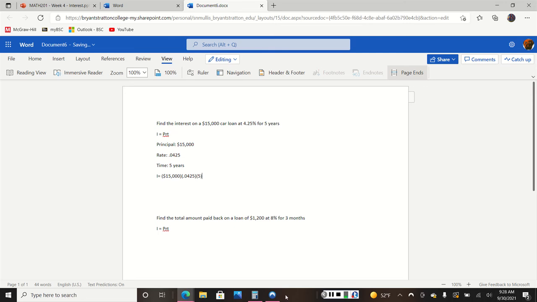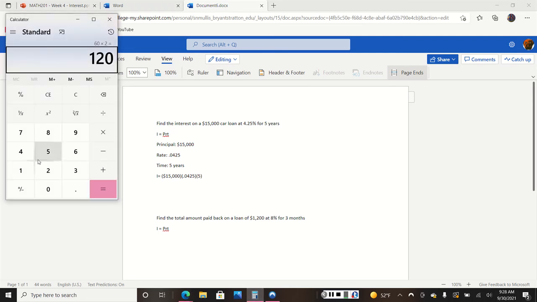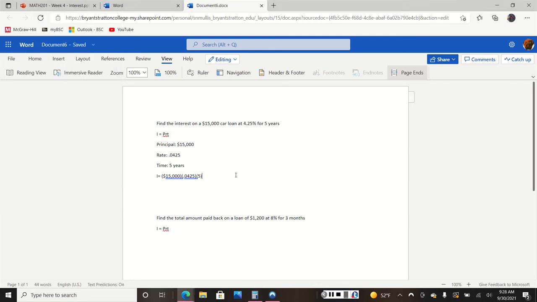So if we go back into our calculator, we have 15,000 times 0.0425 times 5. So the total amount of interest that's paid is $3,187.50.